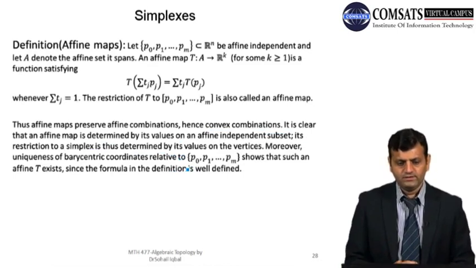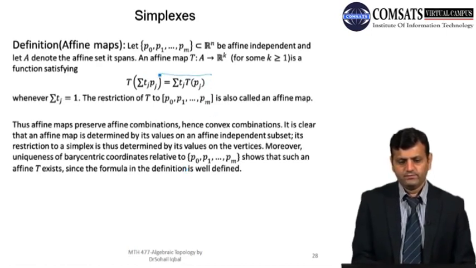Our last definition of today's lecture is: what are affine maps? If we have m plus 1 points that are affinely independent, and let A denote the affine set they span, the affine map T from A to R^k is a function satisfying this condition.